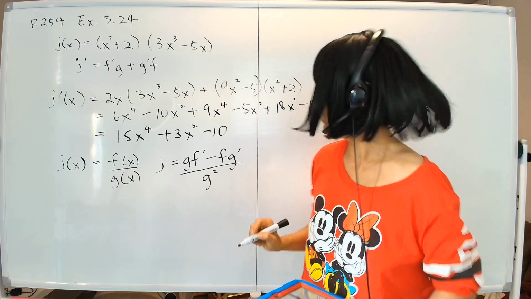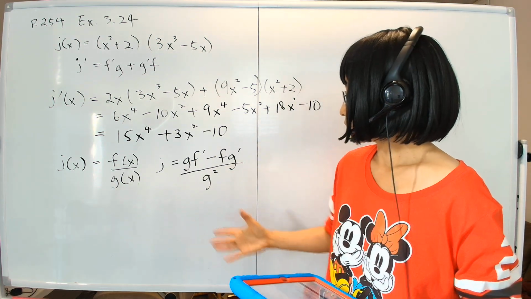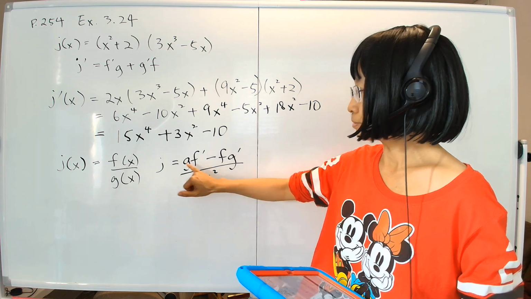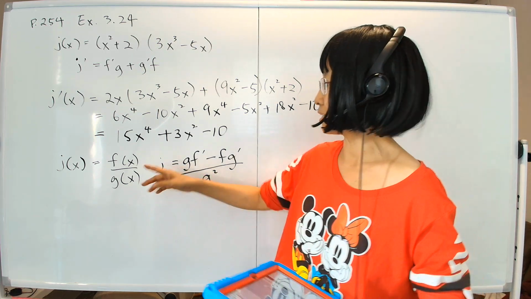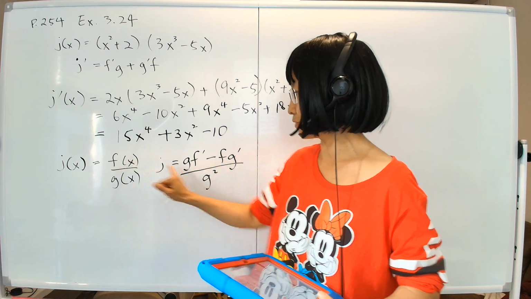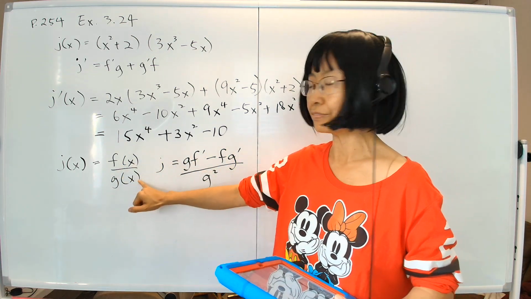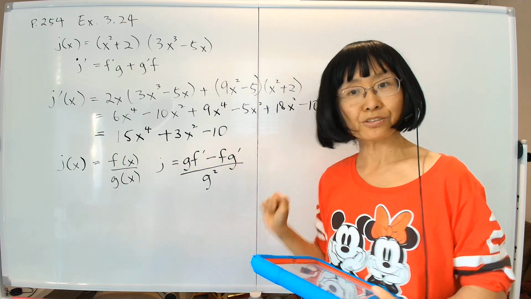That's quite a bit involved. The way I remember it is, the bottom times the derivative of the top minus the top times the derivative of the bottom, all over bottom squared.